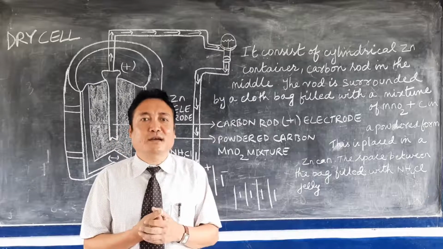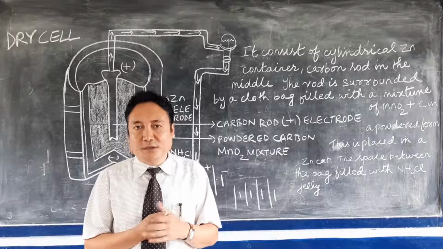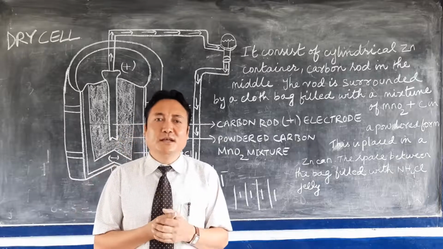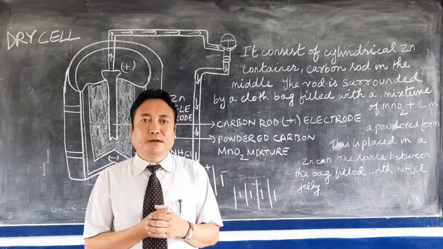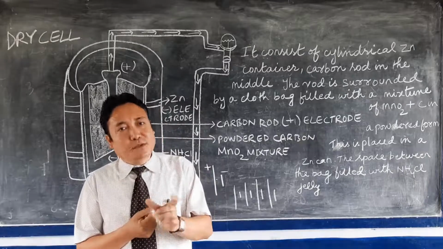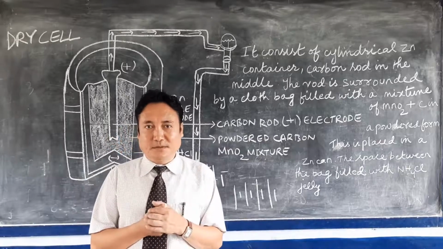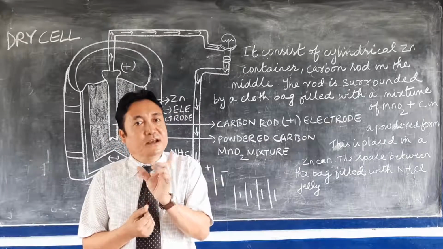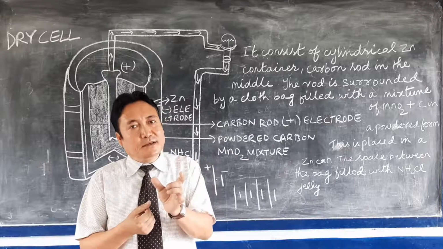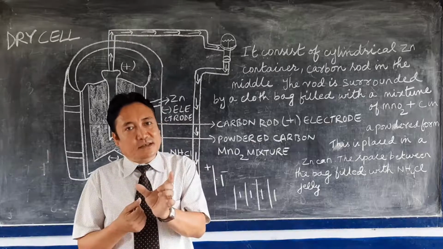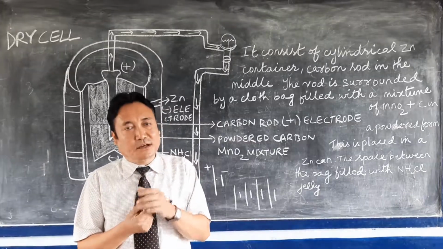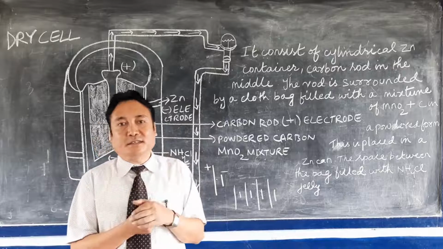For example, you can take a car battery. The car battery can also be recharged. Even the mobile battery can be recharged. So these are the secondary cells. Some of the batteries used are rechargeable. There is a recharging device, and in that device you can recharge the battery.